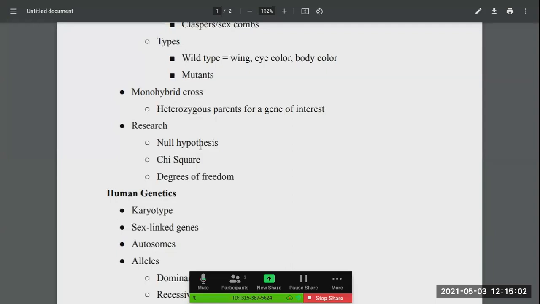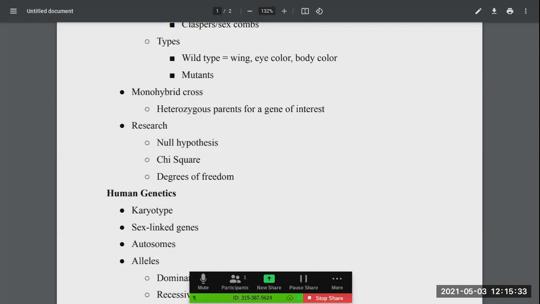So null hypothesis is when you choose the no difference route. That means you are saying there is no difference between the one that received the independent variable and the one that didn't receive the independent variable. So in research, for example, you might say there is no difference in the color of the plants or something like that. So that's what a null hypothesis is.